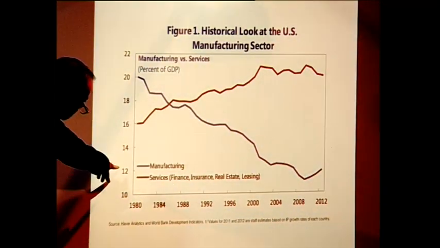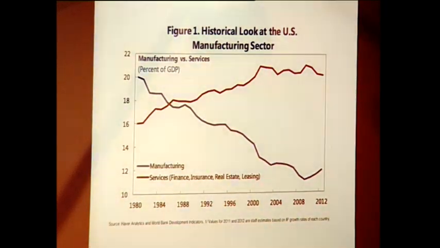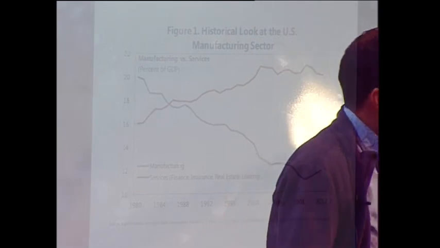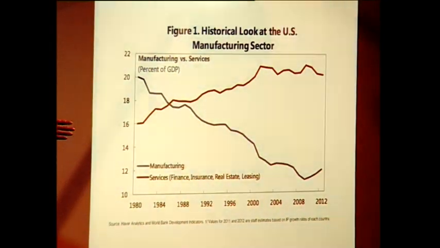And now, as you can see, it's quite low. It's around 10 or 12% of US GDP. Now, if this graph is to show anything, it is to show that the services sector is contributing more to US GDP than manufacturing. So this is a historical trend.